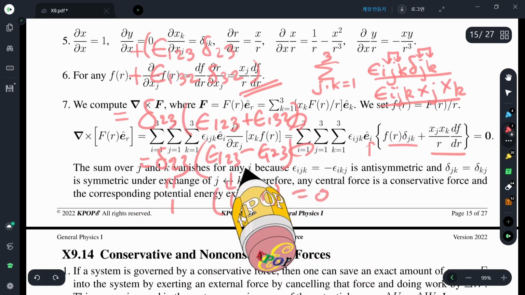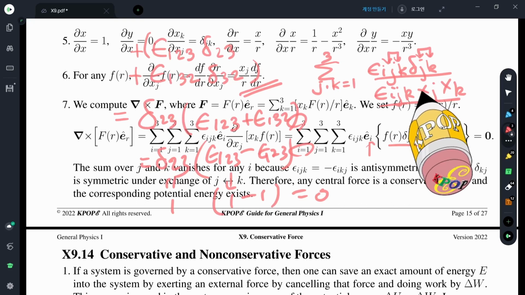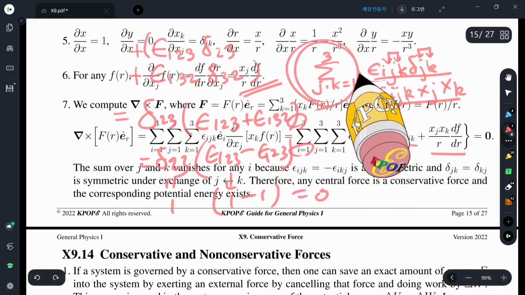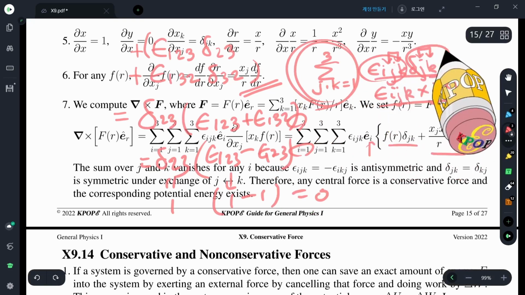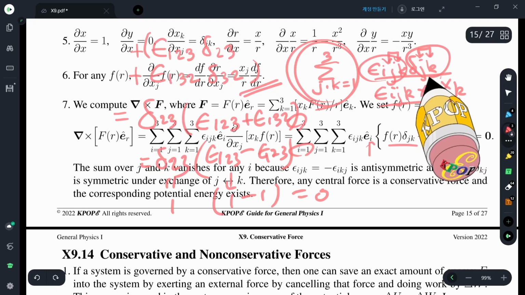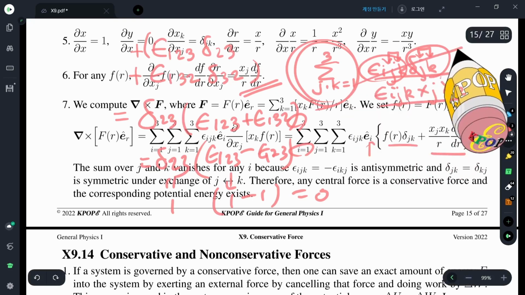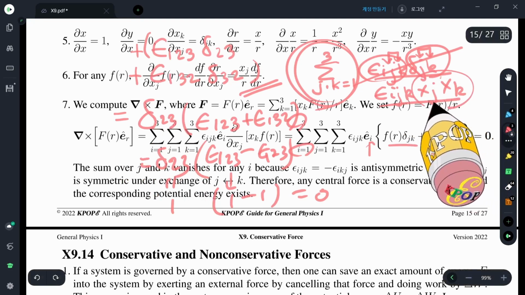So in this manner, any term with j and k exchanged appears with the same frequency, because the summation is symmetric while this part is anti-symmetric under exchange of j and k. This factor is symmetric on the exchange of j and k. This one vanishes exactly.